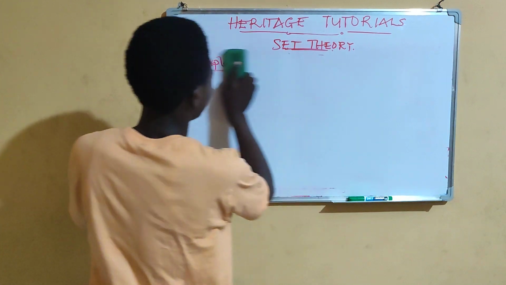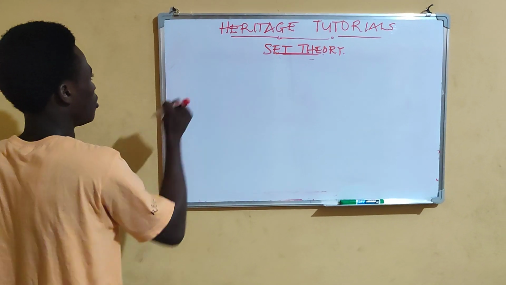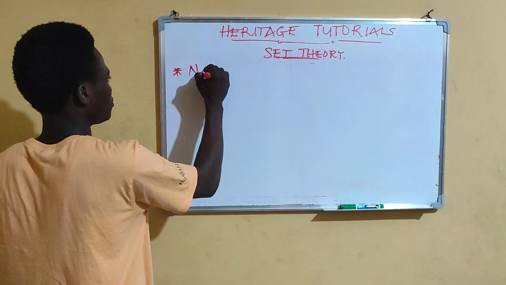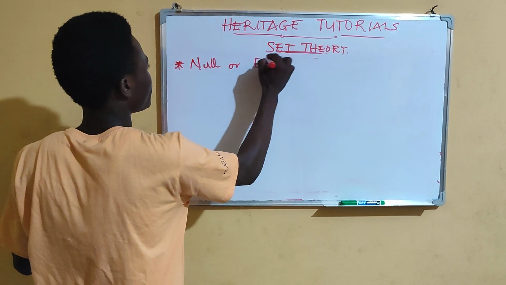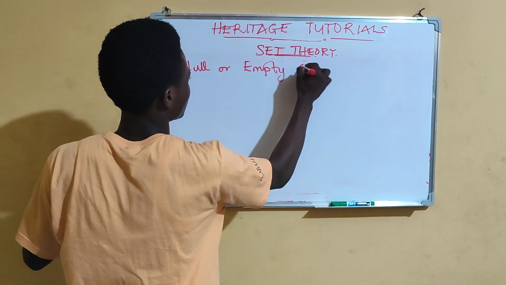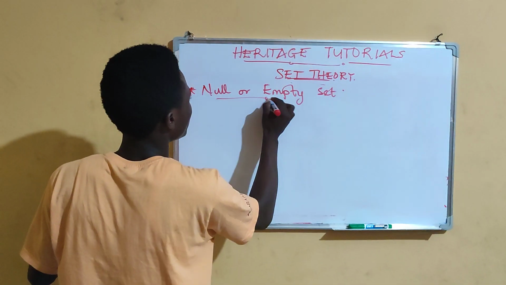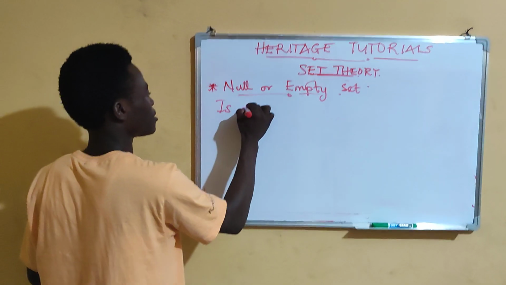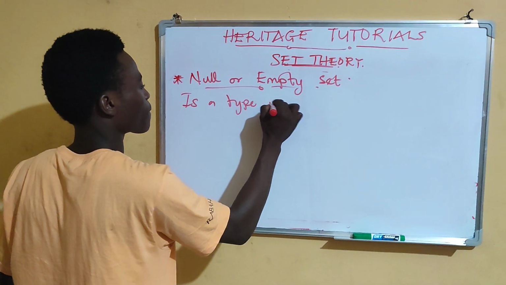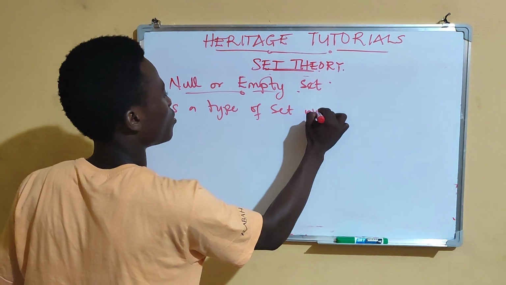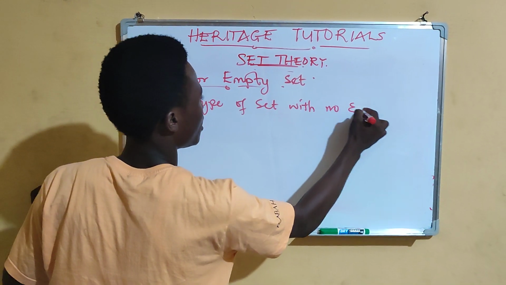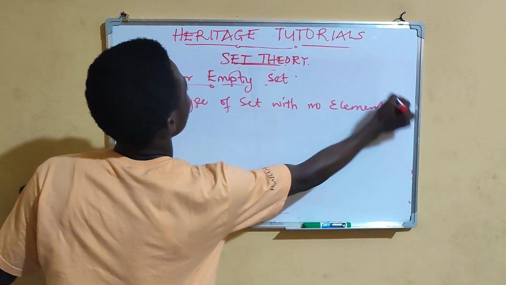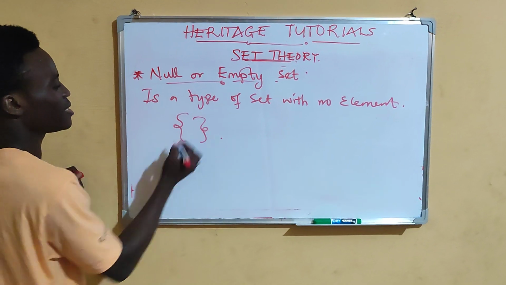Then another thing that is important is what they call the null or empty set. A null or empty set is a type of set with no elements. So when you see a set like this, it is a null set.